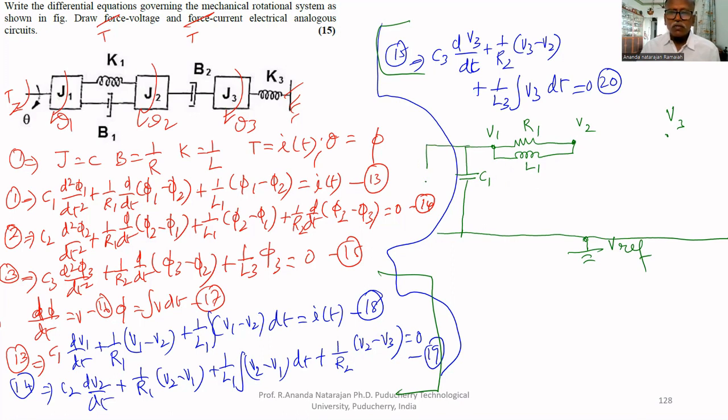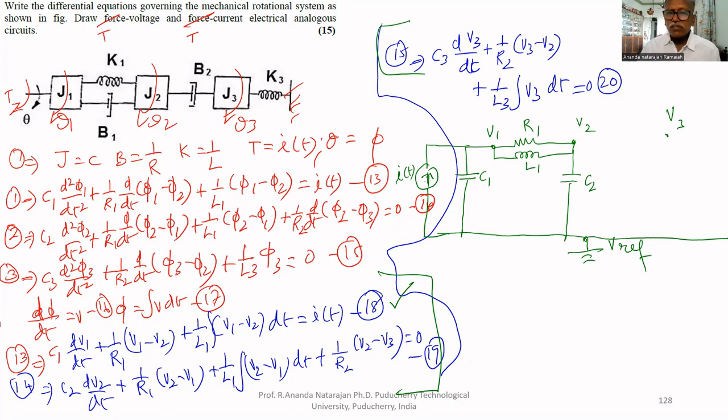Therefore a current source is applied across V1. That's all about nodal equation 18. For 19, consider C2: C2 is between V2 and the reference. R1 is between V2 and V1, already drawn. L1 is between V1 and V2, already drawn.